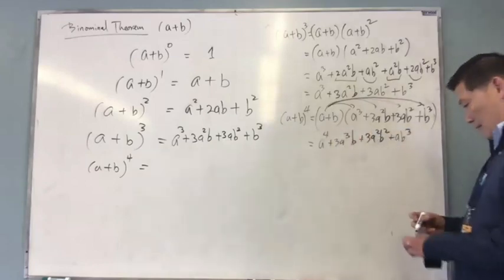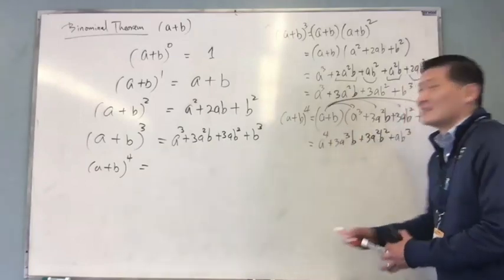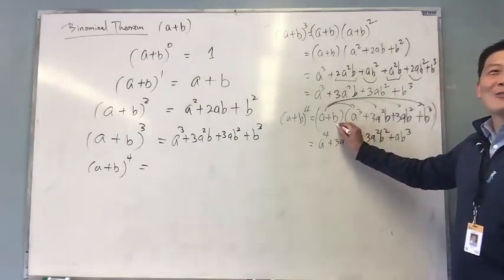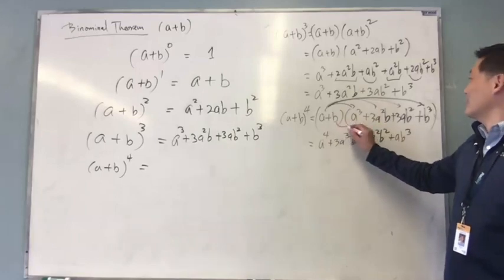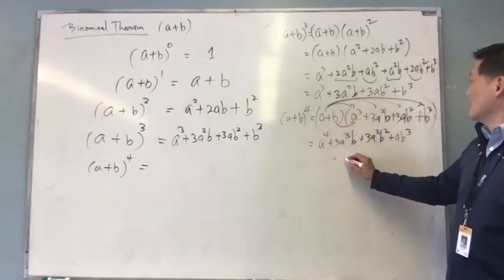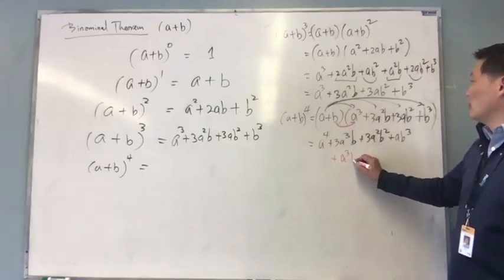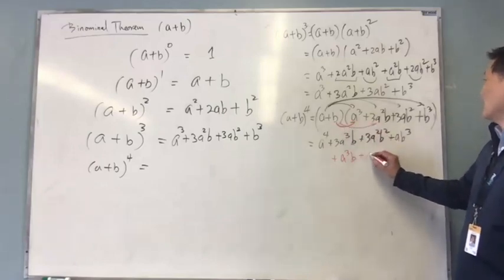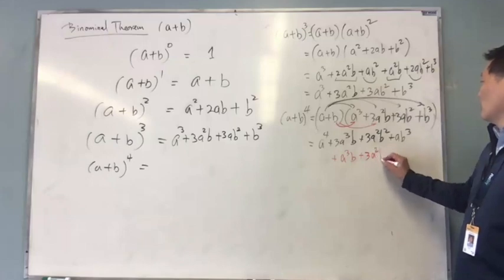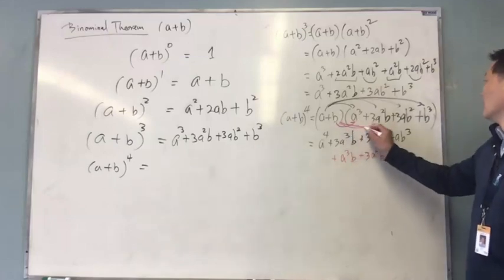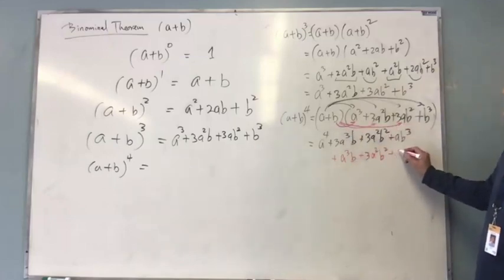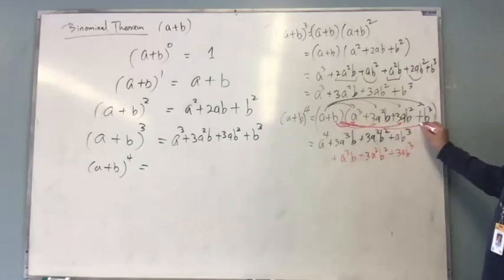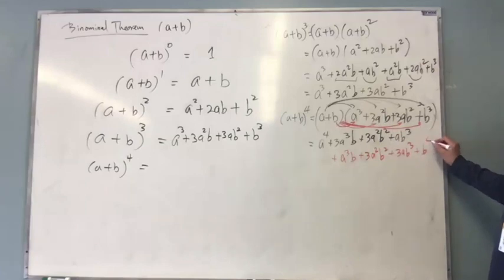That's just from A. Wait a second, I thought it was from B. No, let's go from B. Plus a cubed b plus 3a squared b squared plus 3ab to the third power plus b to the fourth power.